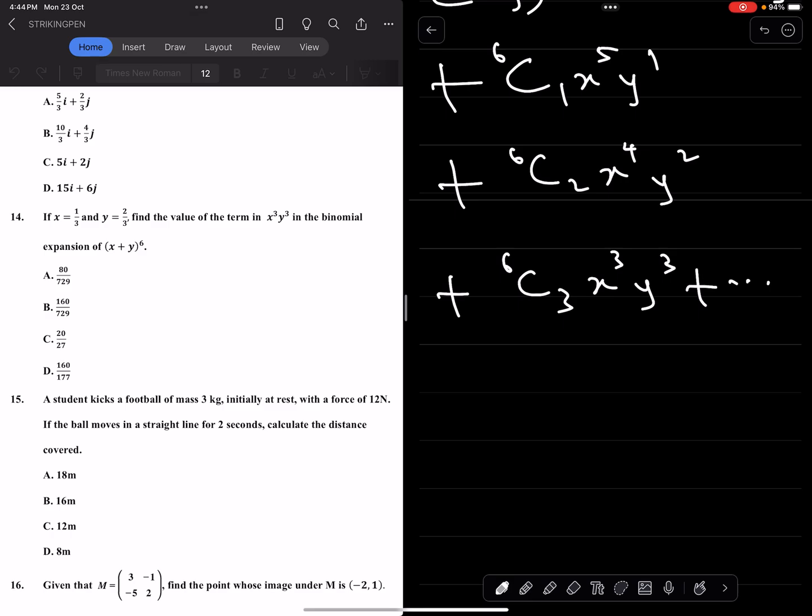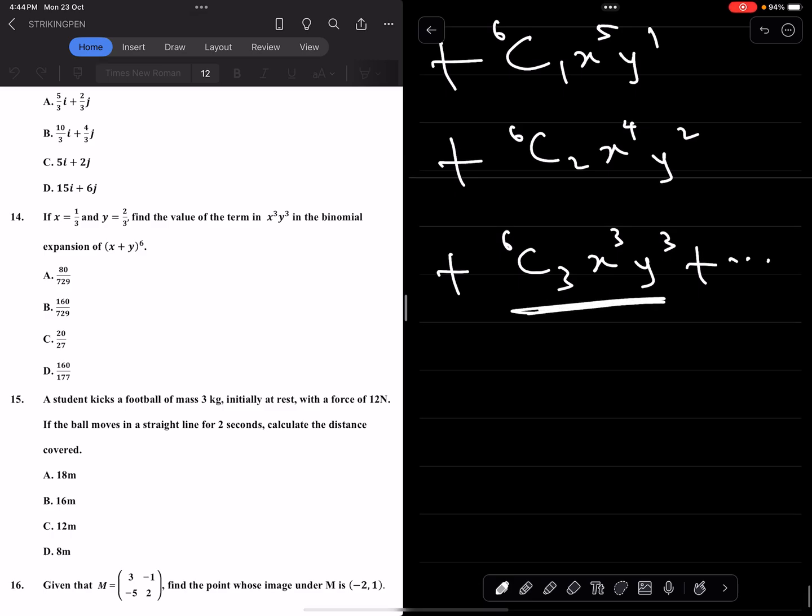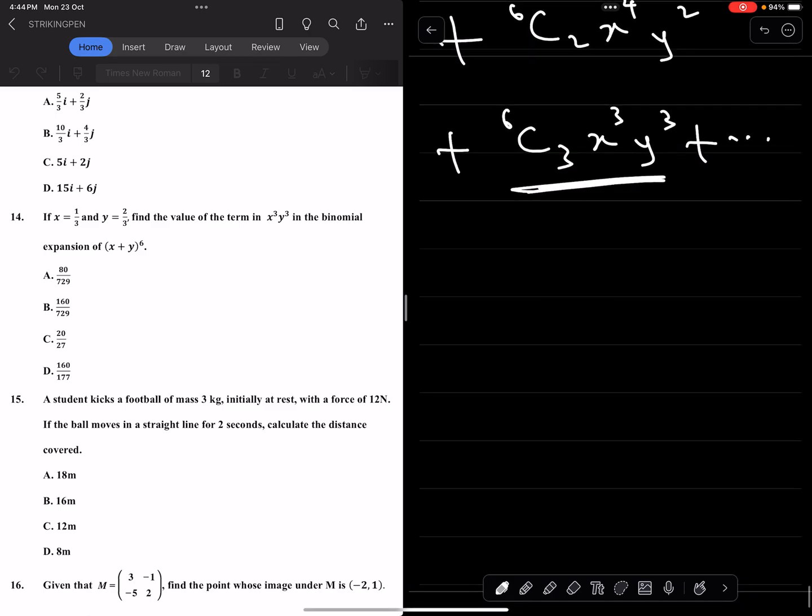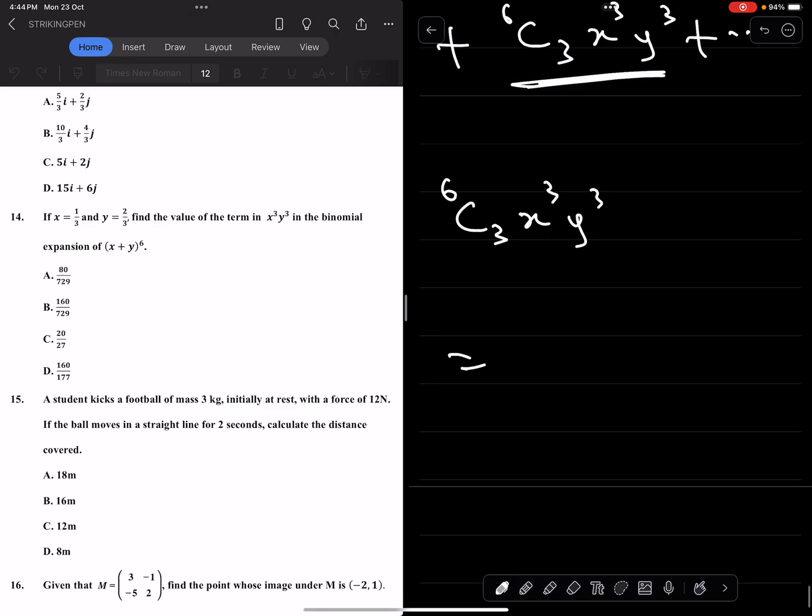So there will be a few more terms, but I don't need them. This is the one I need. So the term in x cubed y cubed, that simply means 6c3 x raised to power 3 y raised to power 3 is equal to, what is 6c3?